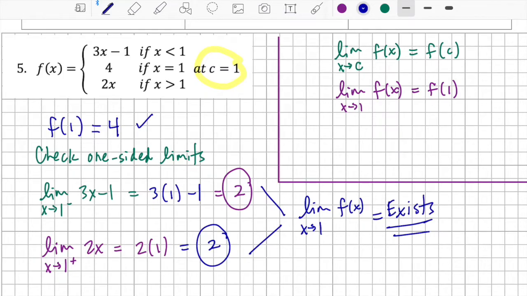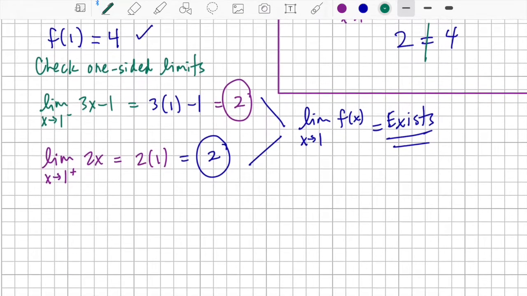f of 1 is 4. So this is going to be 4. And the one-sided limits are equal to each other, so the limit as x approaches 1 is 2. But we all know that 2 is not equal to 4.